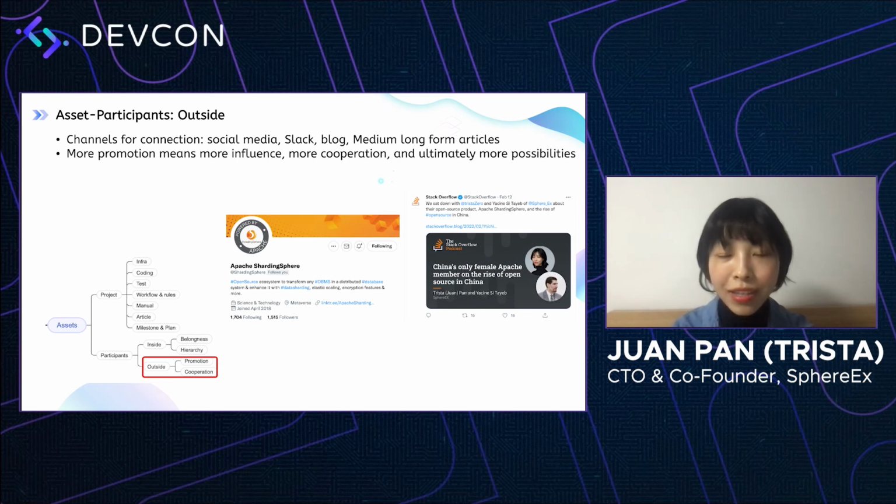People listen to Stack Overflow, then they will know that there is a wonderful project, and then they will give it a star or follow this Twitter account. So that's another efficient way for you to promote your project.